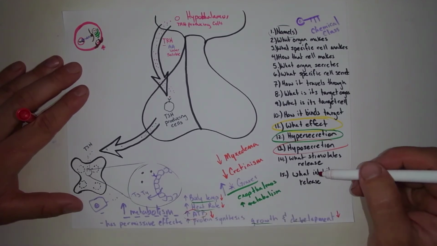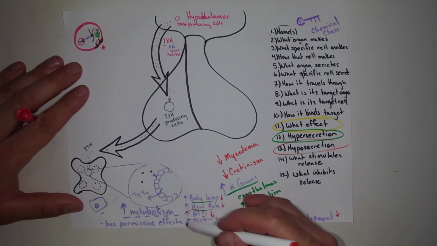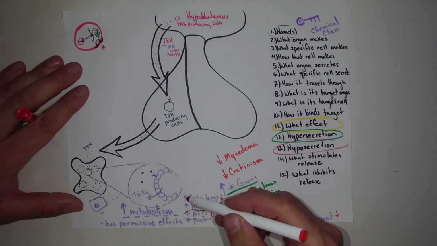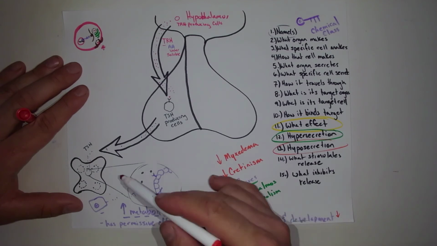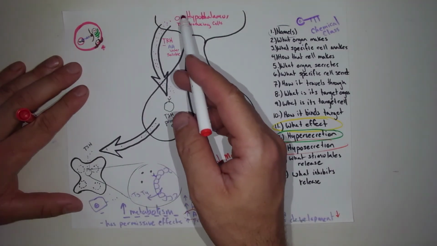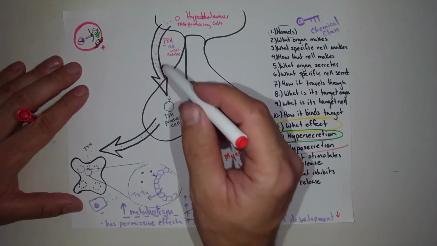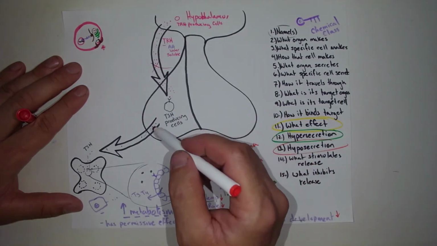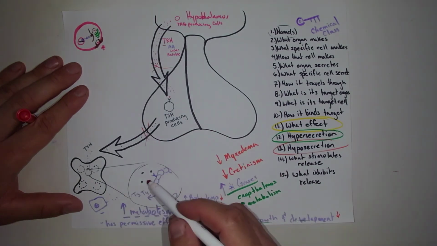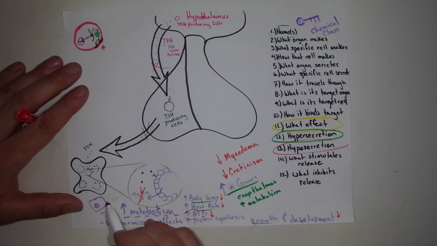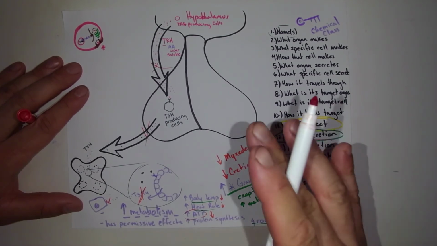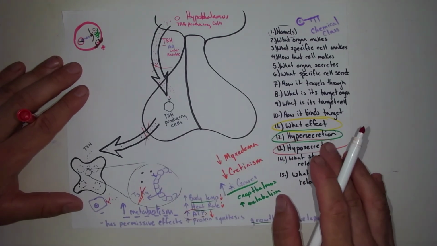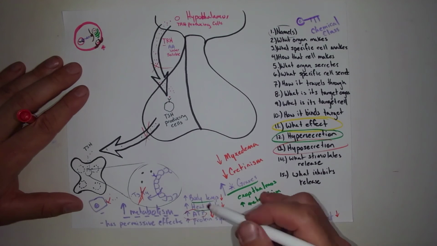Now, what's going to inhibit its release? Too much of all these things. When we have too much of all these things, those signals are going to feed back and inhibit the hypothalamus from producing TRH, which inhibits TSH, which inhibits the release of T3, T4, which reduces body temperature, heart rate, ATP, protein synthesis, and growth and development, and brings us back into a homeostatic or a balance point when we have too much of this going on.